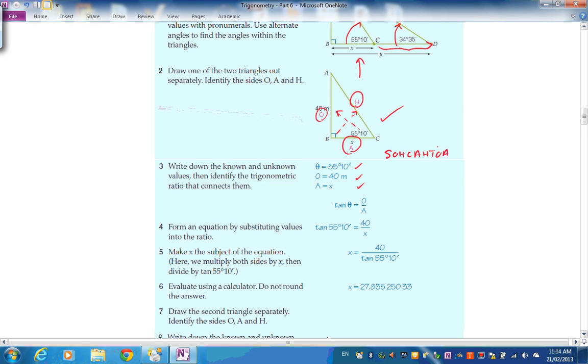And we see we have the opposite and the adjacent, so we use the tan of the angle is 40 over x, and then if you remember, you multiply by x and then divide by the tan of the angle, so we get this line, and so we have x unrounded as this distance.